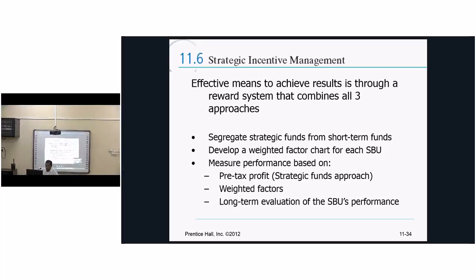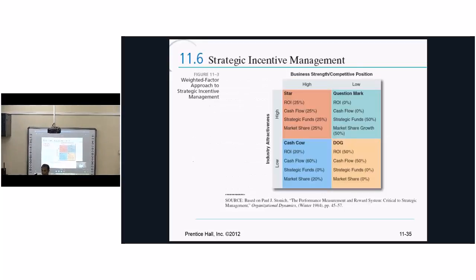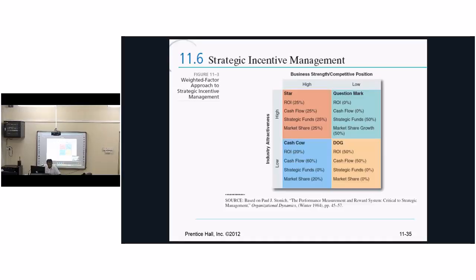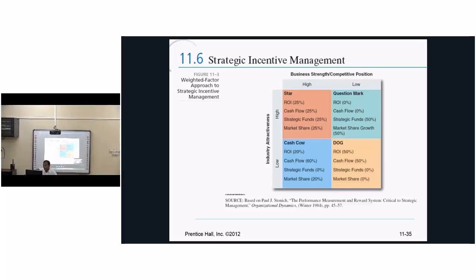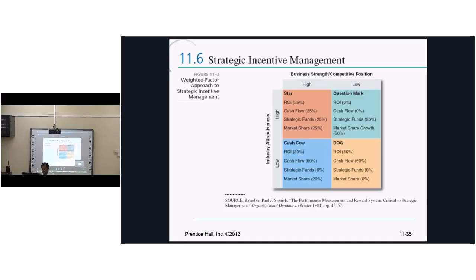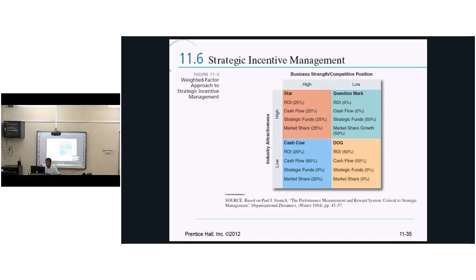And finally, this is similar to the BCG matrix. It's a replication of the very famous BCG matrix, where you have two dimensions. You measure the industry attractiveness on one hand, and you measure the business strengths and the competitive position on the other.